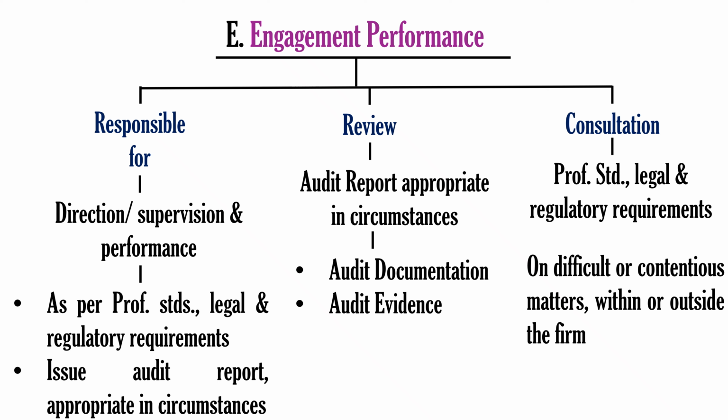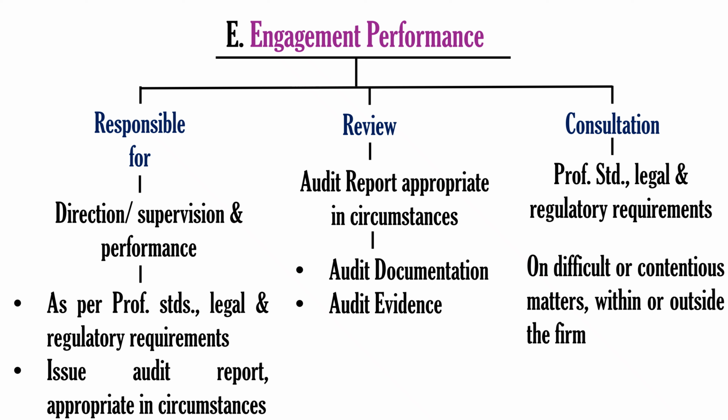The engagement team should be guided to perform as per the professional standards, legal and regulatory requirements, and to issue audit report. The second thing under engagement performance is to review and document the audit evidence. And consultation should, of course, be taken on the difficult or contentious matters within or outside the firm.